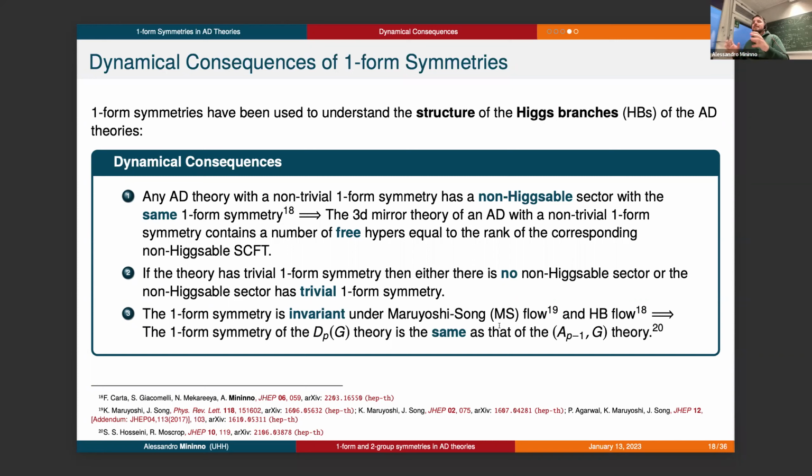In any case, you have a much richer and larger discussion of one-form symmetry also for those theories that are not simply engineered as a Calabi-Yau with a polynomial in C4.